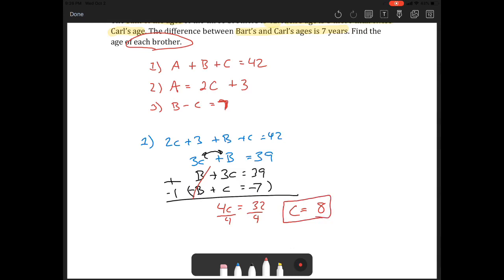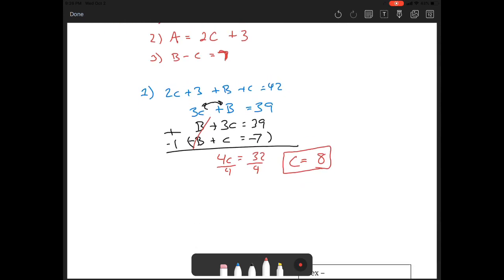So now I can plug in and find my next ages. So we know our third equation was B minus C equals 7. Well, if we know what C is, which is 8, it's going to be B minus 8 equals 7. I add 8 to both sides, and I get B, Bart, is 15.